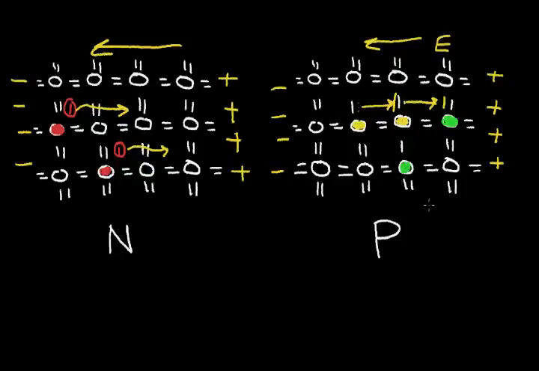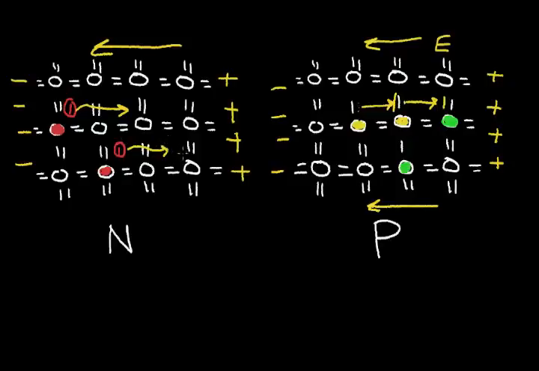So what happens is I get a net flow in this direction of positive charge, or we call it hole. The holes are positive charge that will move to the left. And in the N-type silicon, the electrons are negative charge that move to the right.